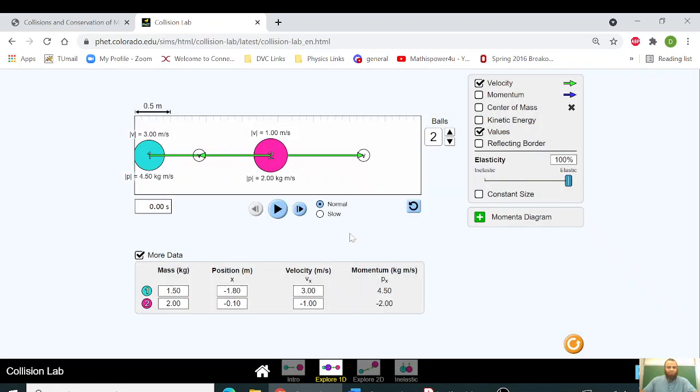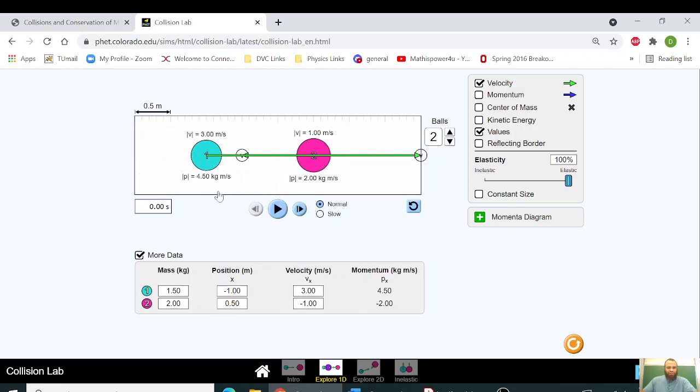So they're going to collide with each other. Let's start them here. Notice it doesn't matter where they start. This x value does not matter. So when we hit enter, they will collide, and then we will know what happens.